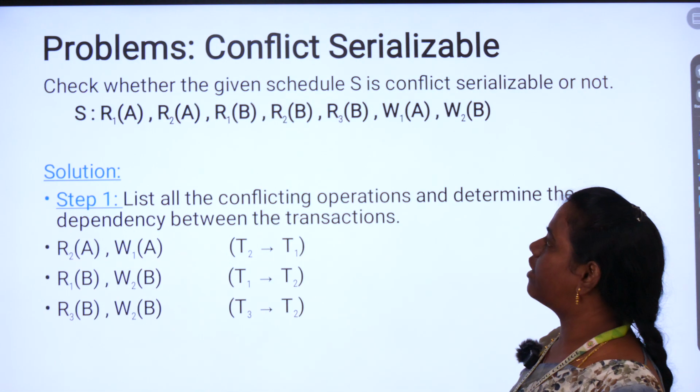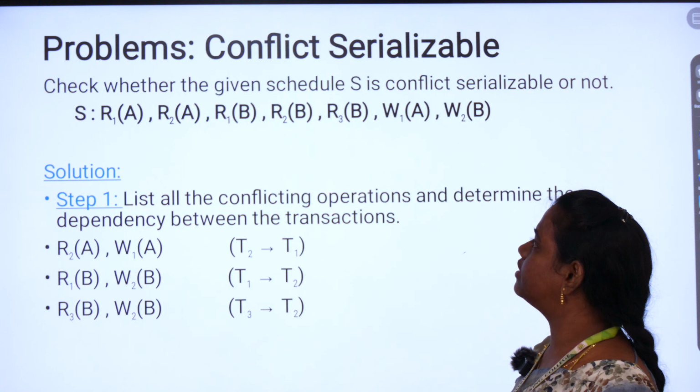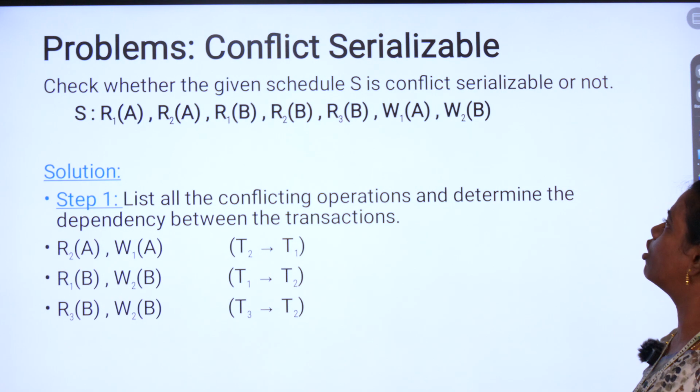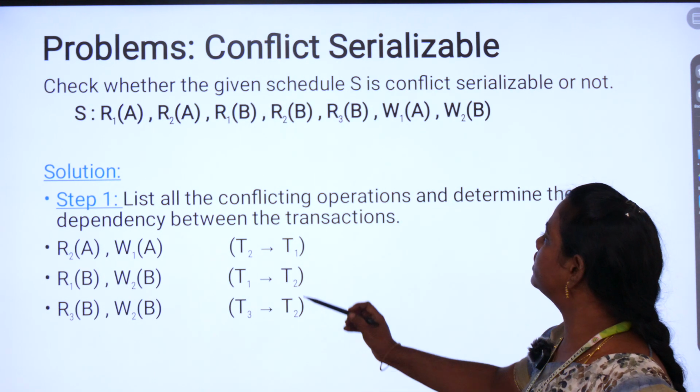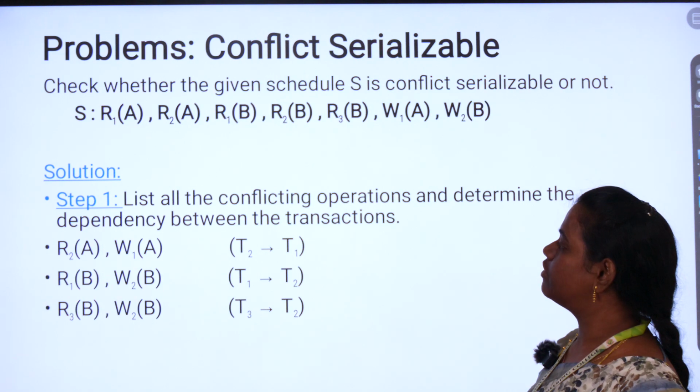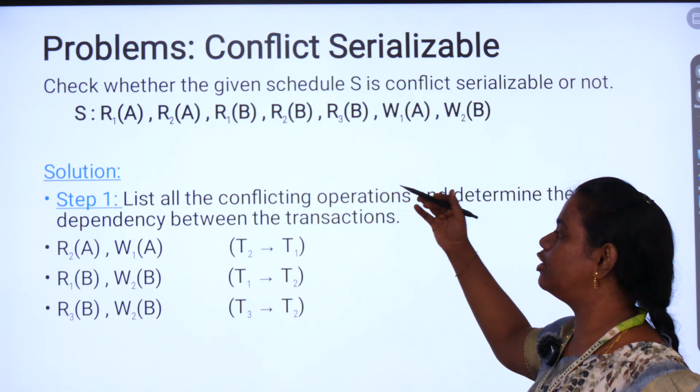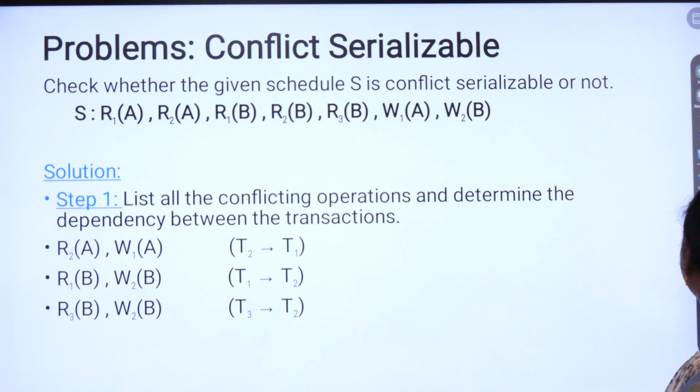So here the question is: check whether the given schedule S is conflict serializable or not. Here S is a schedule containing 7 instructions. First we need to convert the given schedule into tabular form.